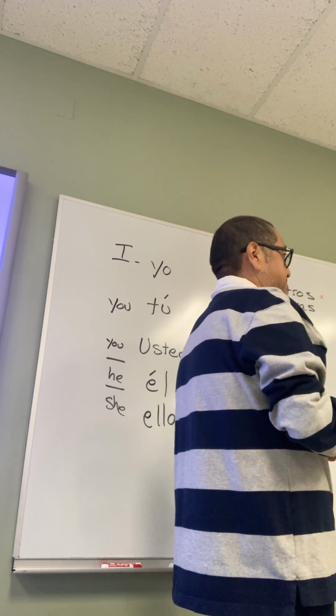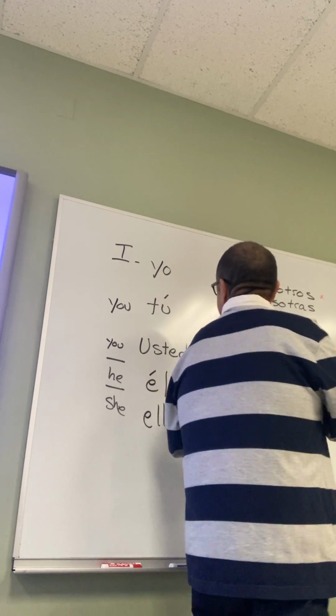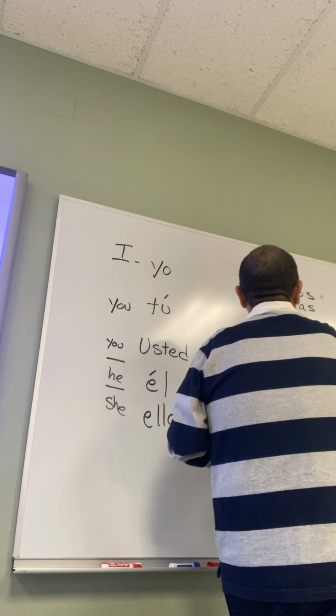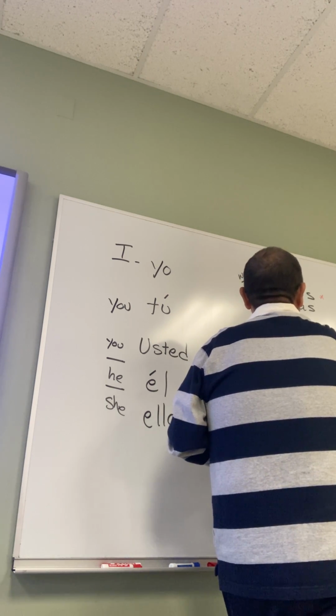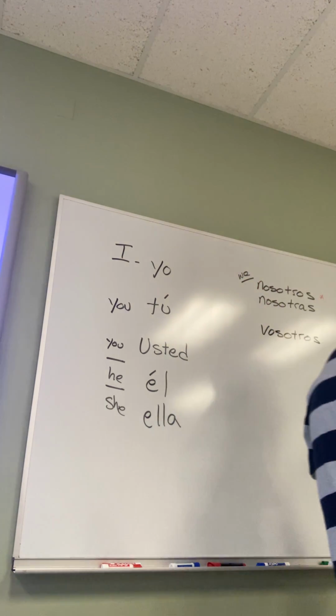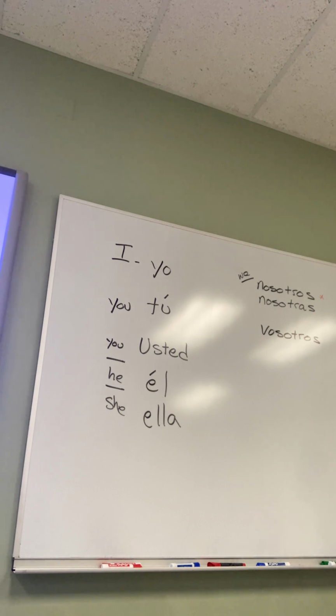Okay. Now, here's the really fun one. First off, those of you that have taken Spanish before, did you have to learn the vosotros form by the show of hands? Nobody did. Okay.